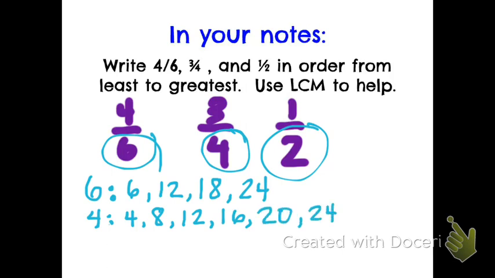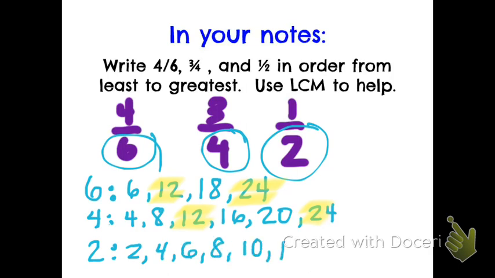Well, I've already noticed that I have a 24 and a 24. So that's possible, but I also notice I've got a 12 and a 12. Okay, so I'm going to do my 2s. Since 12 is the first one that I have here, I know because it's an even number that it has to be a multiple of 2, but I'm going to write them all out right now: 2, 4, 6, 8, 10, and 12.